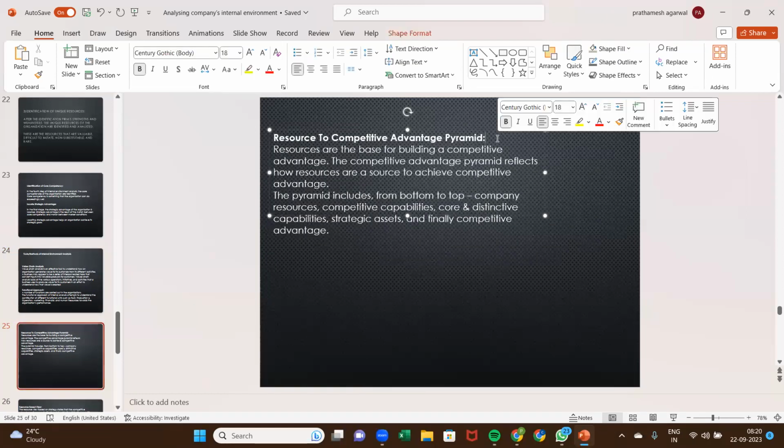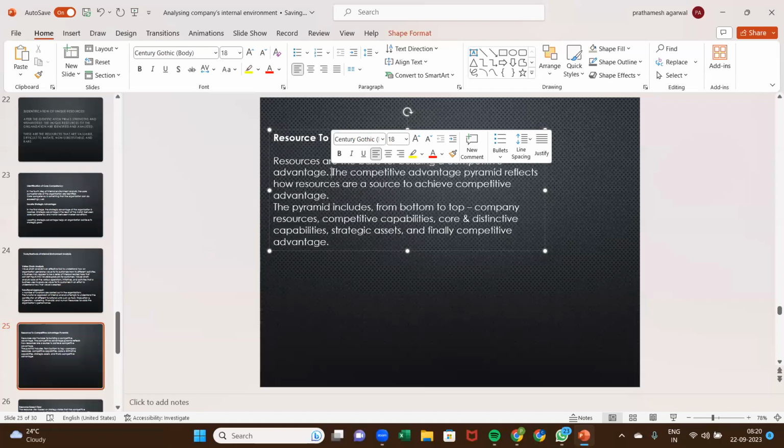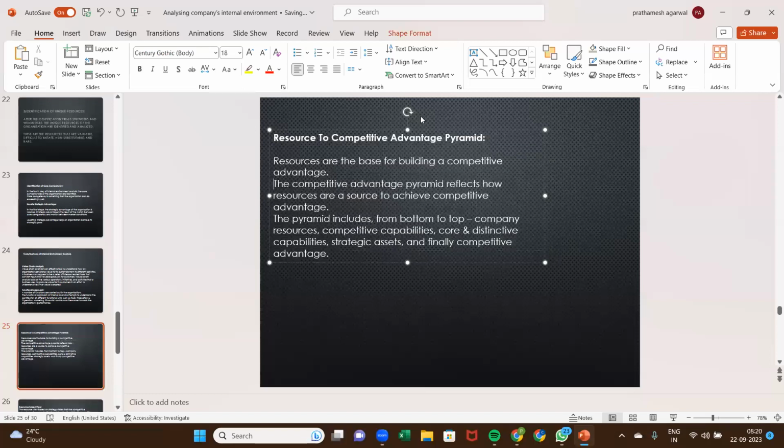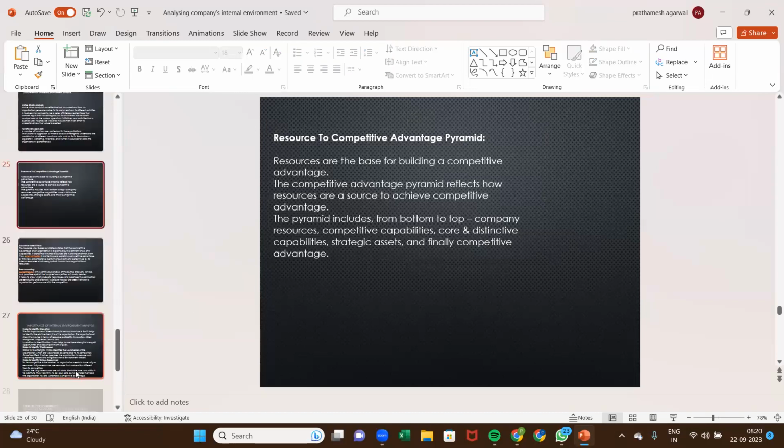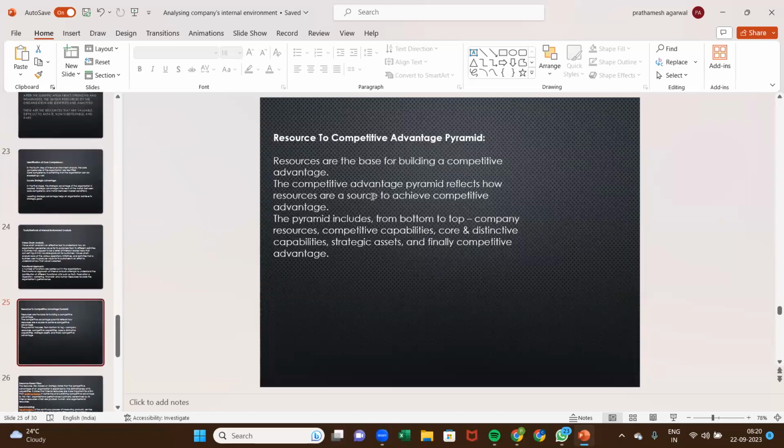Then we have resources to competitive advantage. Now let's see what the resources are. Resources can be a base for building a competitive advantage. The competitive advantage pyramid reflects how resources are a source to achieve competitive advantage.